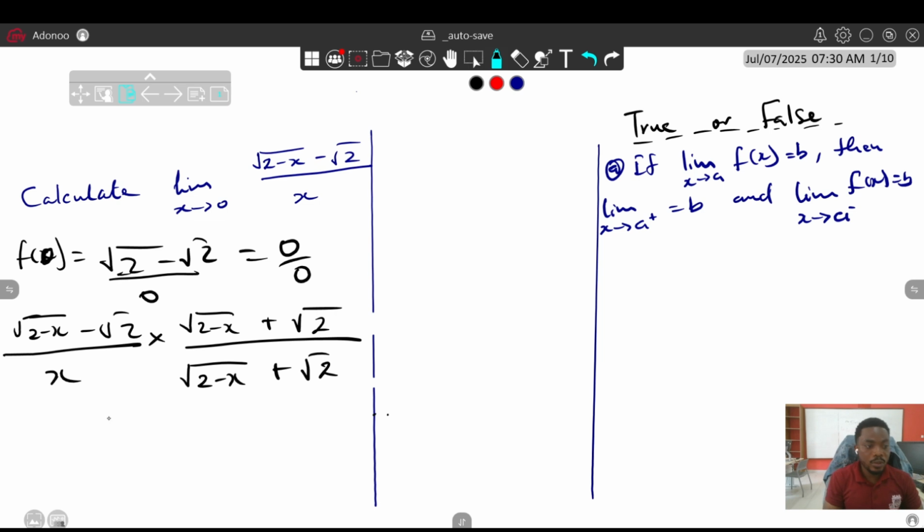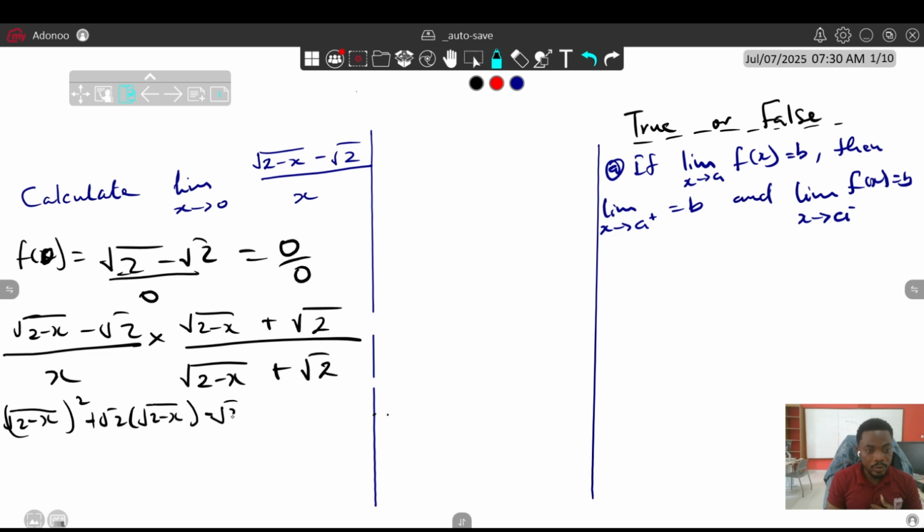Okay, so I implore you to do the multiplication. So we are going to have square root of 2 minus x squared, right? Minus or plus square root of 2 times square root of 2 minus x, right?